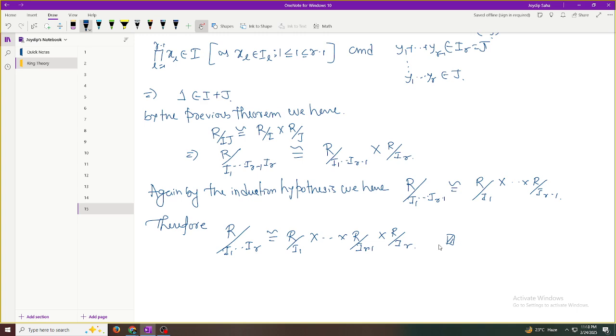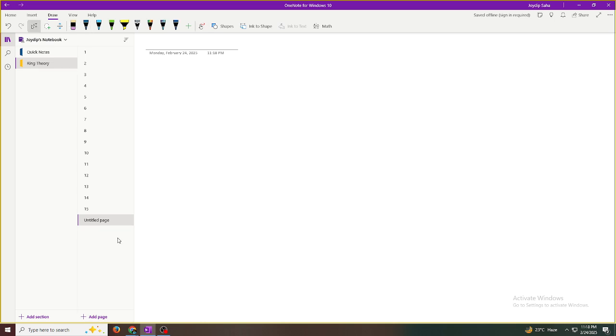Next, let V be a vector space. Application.